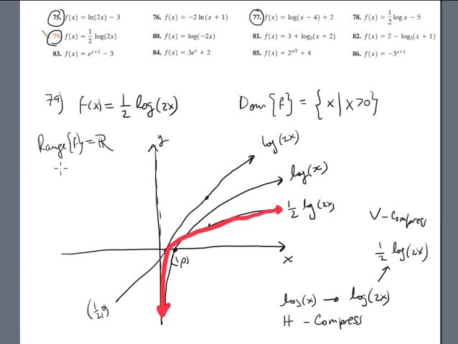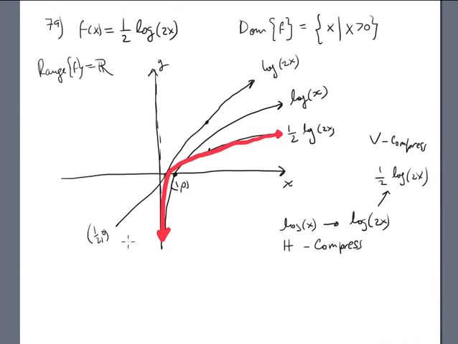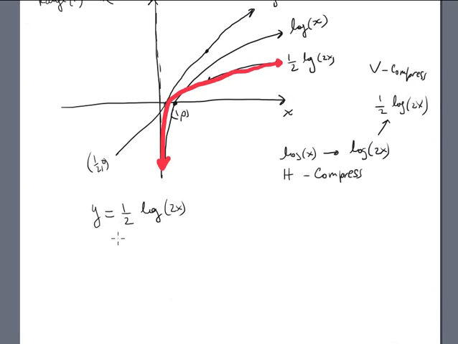Now let's find the inverse. The original function is y equals 1/2 logarithm of 2x. Now remember, for finding the inverse you interchange x and y. It's x equals 1/2 logarithm of 2y, and solve for y. Multiplication by 2, the whole thing.